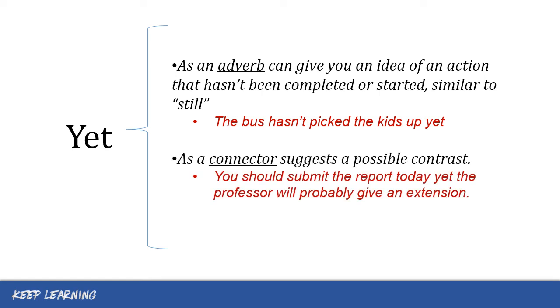But the topic here in this class is yet as a connector. As a connector, it suggests a possible contrast. Here's a good example. You should submit the report today, yet the professor will probably give an extension. And here what it means is aunque.